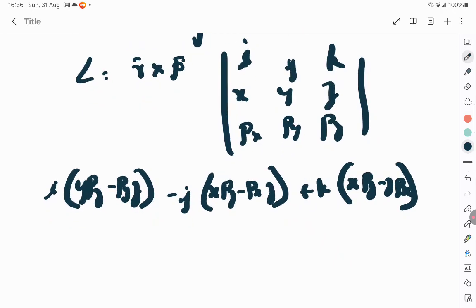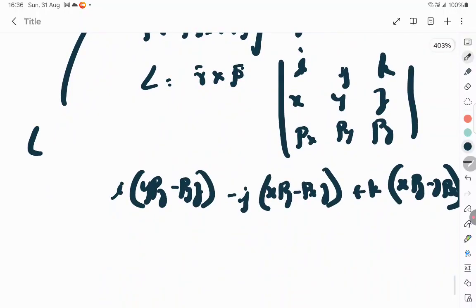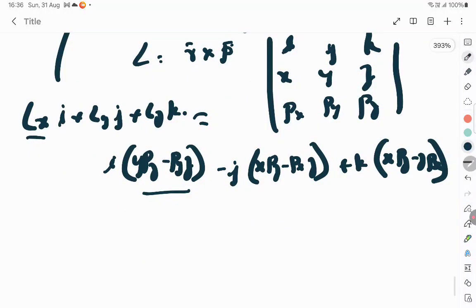once you get this, you have to compare these coefficients with L's coefficients. What is L? Lx into i plus Ly into j plus Lz into k, and equating both their coefficients, you get Lx to be ypz minus zpy.